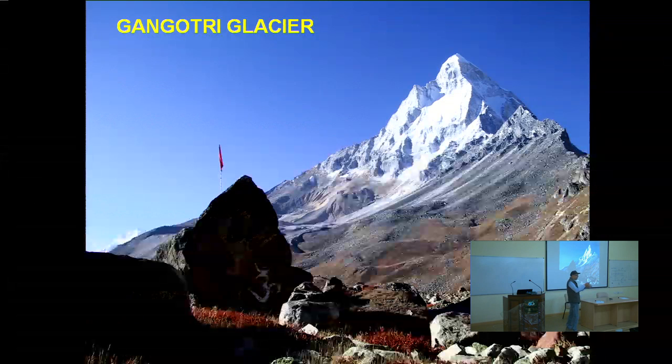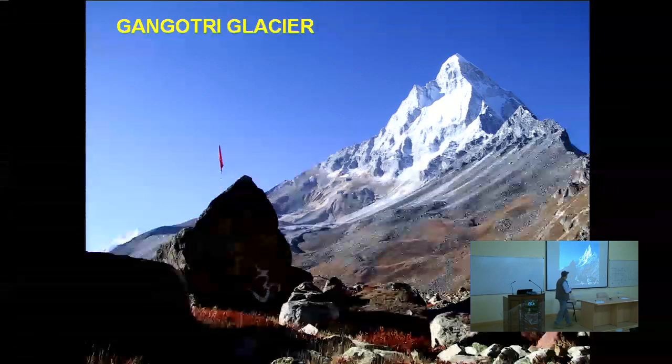Here you can see huge peaks, which is the Gangotri region, and on the peaks only you have the snow. The other regions look like they don't have snow, but at the bottom is the ice, which on top is significantly covered by debris.